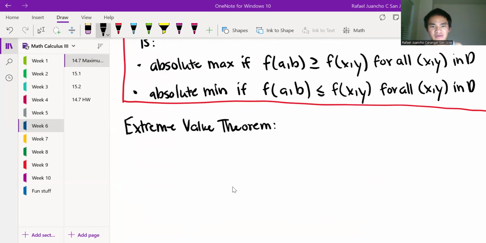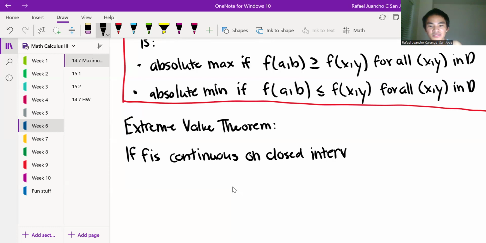They tell us that if f is continuous on a closed interval, a to b, well then, f has an absolute minimum value and an absolute max value, right?